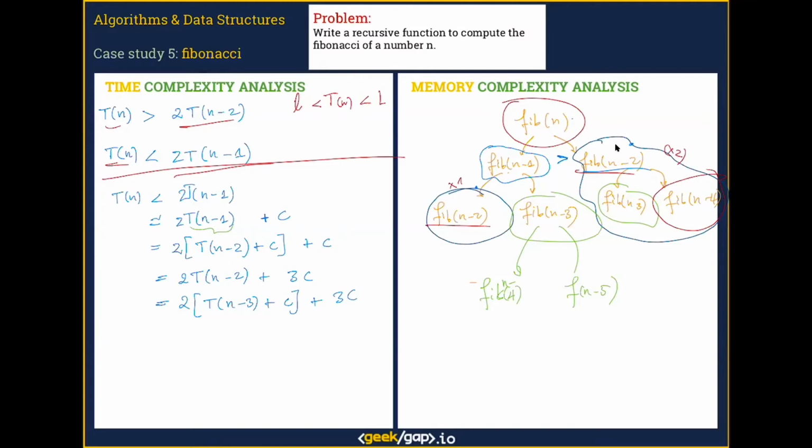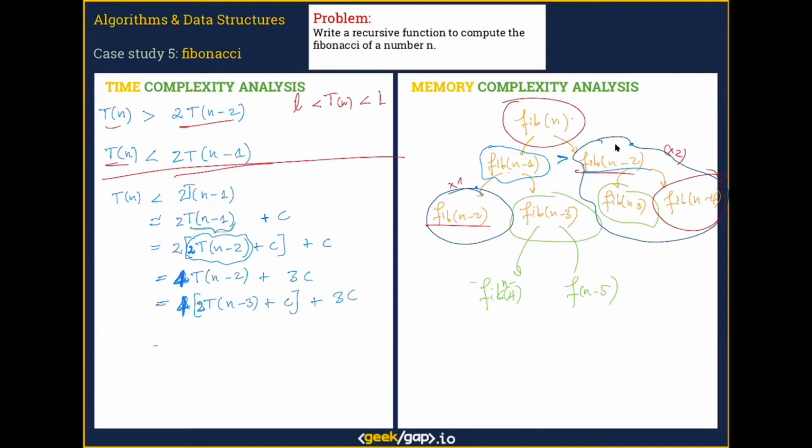I feel like I'm missing something. Oh yeah, I'm definitely missing something. I should have had 2 here because the formula is like this. So T of n minus 1 is 2 times T of n minus 2 plus a constant. So normally I should have had 4 here instead of 2. The same thing, 4 here and 2 here inside, like this.